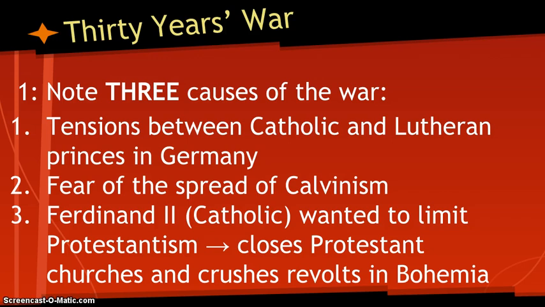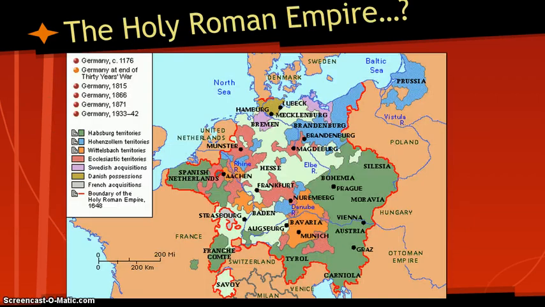This is land that he rules over as a Catholic emperor, and he wants to limit Protestantism from expanding there. So he closed their churches, but they revolted against him. He sent his army in, killed the revolts, and other Protestants around him were not happy about this. So that's a third cause for the 30 Years' War.